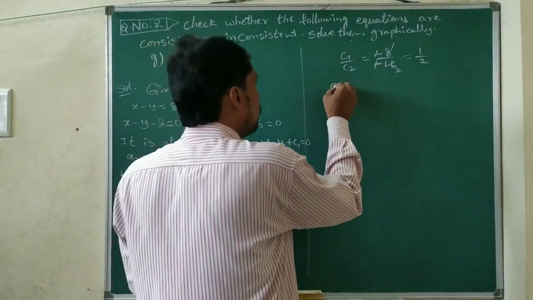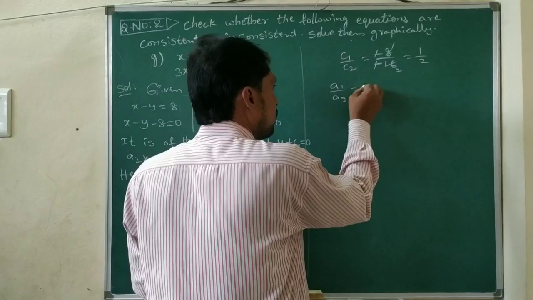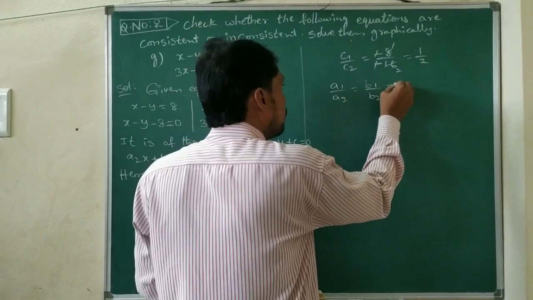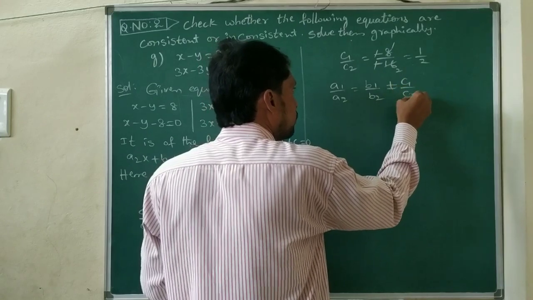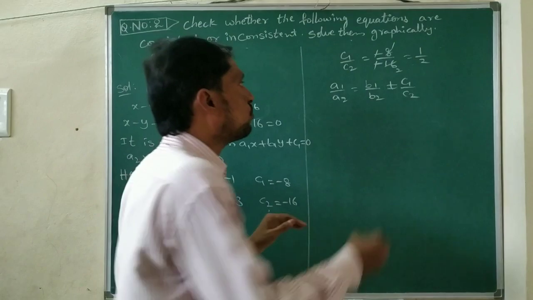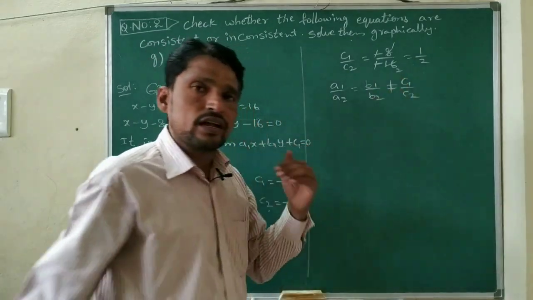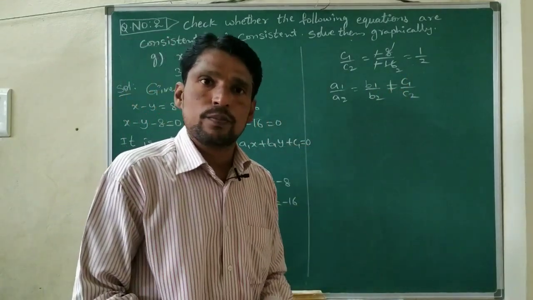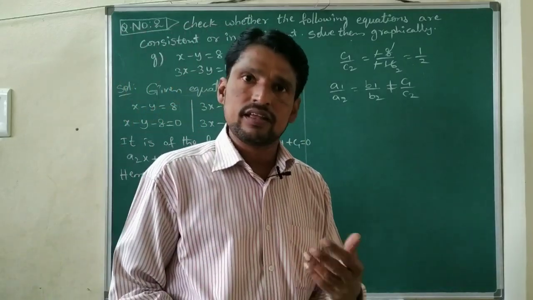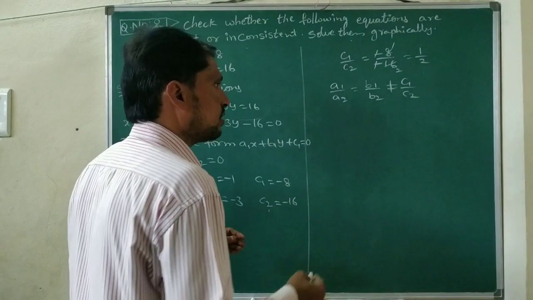So a1 by a2 equal to b1 by b2 not equal to c1 by c2 means, what type are the given equations, consistent or inconsistent? Yes, that is inconsistent.